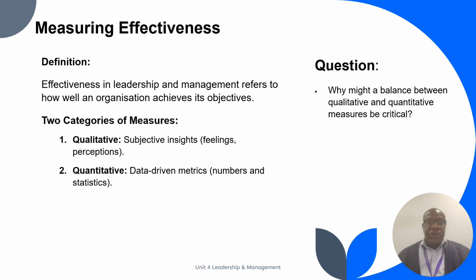Now you can define measuring effectiveness: in leadership and management, we refer to leadership effectiveness as how well an organization achieves its objectives. So in business, we aim to achieve our targets and our goals.